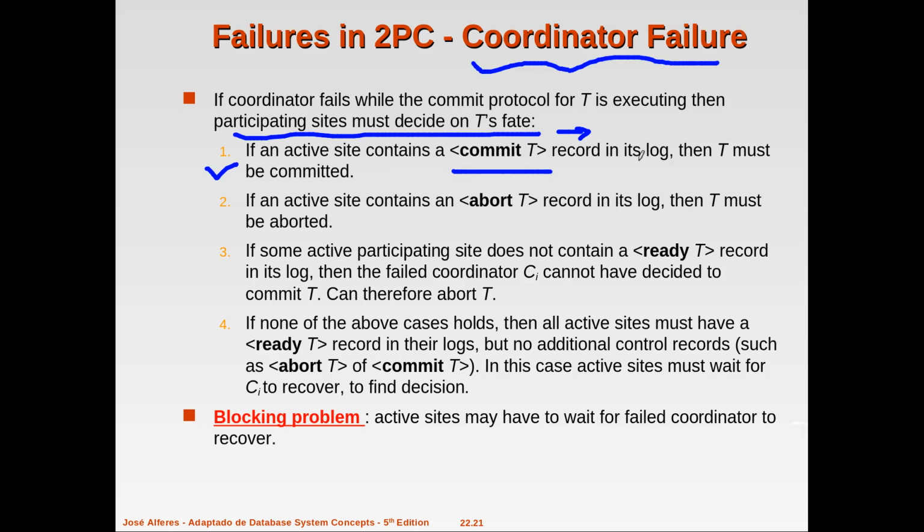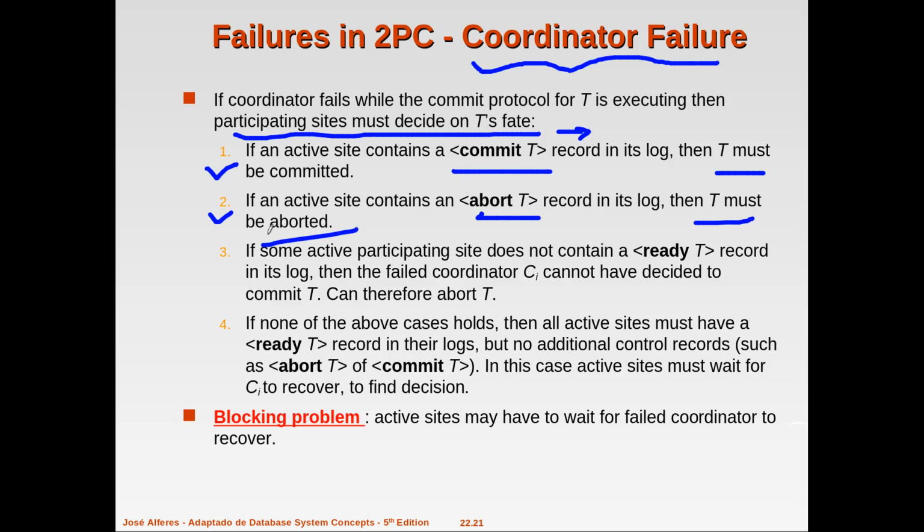Before doing the final settlement by all the sites, the transaction coordinator might have gone under failure. So now the participating sites can decide that T can be committed. Now if any of the sites contains an abort T message, the meaning is the coordinator has already given the abort message to the individual site, and accordingly that site can decide the transaction was aborted.